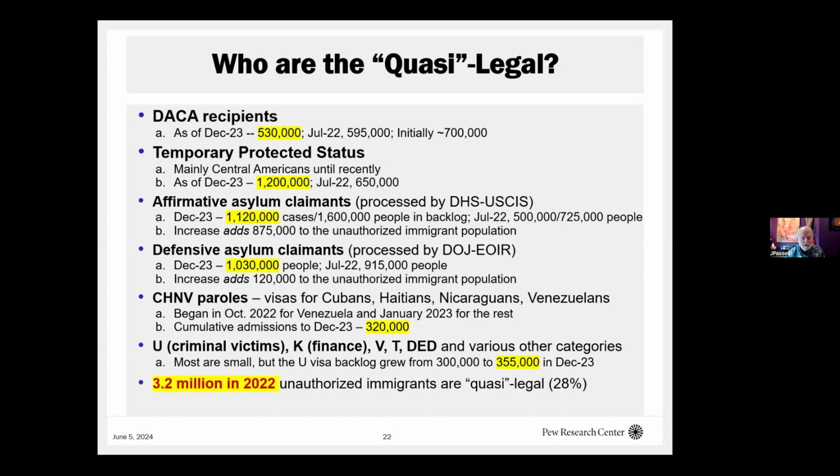So if you put all these together, with 3.2 million people in these quasi-legal categories when our estimate was 11 million, it's about 28% of the total. But if you look at what's happened since mid-2022, the numbers have grown by almost 2 million. So this is what I say, we expect our new estimates when we get newer data to show a significant increase in the unauthorized immigrant population.